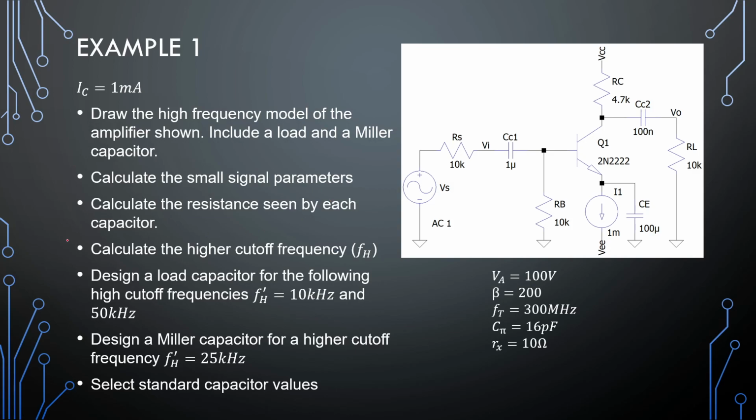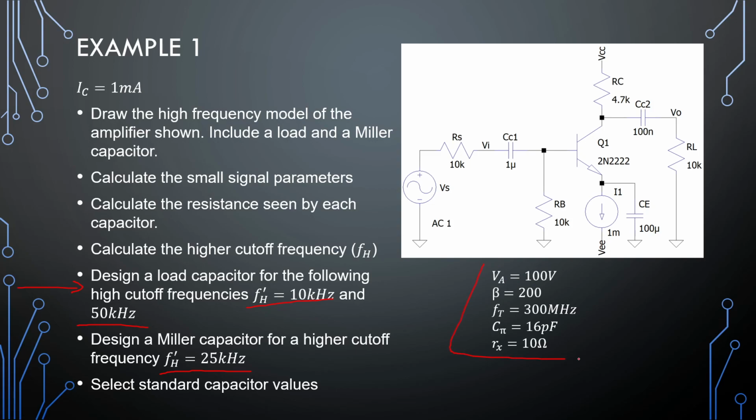Then calculate all the small signal parameters, calculate the resistance seen by each capacitor, and then calculate the higher cutoff frequency. Then we are going to design load capacitors for when we want a higher cutoff frequency of 10 kilohertz, and then if we want a higher frequency of 50 kilohertz, and then lastly design a Miller capacitor when we want a higher cutoff frequency of 25 kilohertz.